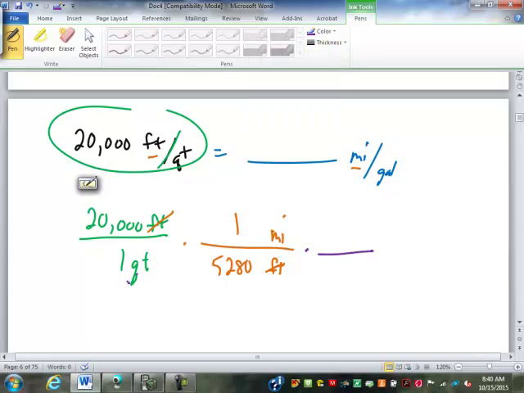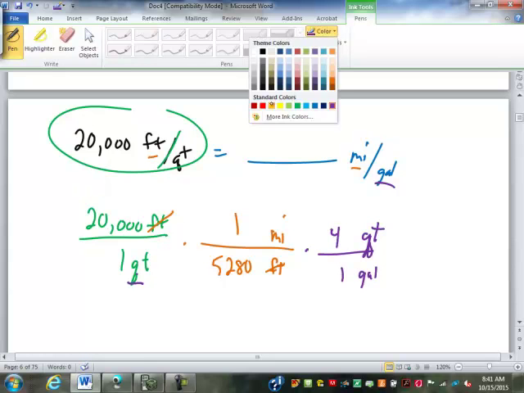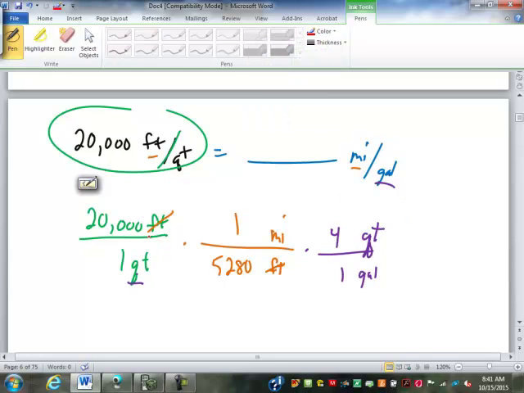Since the quarts are on bottom, to make it cross cancel, I'll put quarts on top. Now I'm converting into gallons. So 1 gallon is 4 quarts. So the feet cross cancel, that's why I had to put the feet on bottom. The quarts cross cancel. You can pull that off your conversion sheet or out of your notes if you have it.